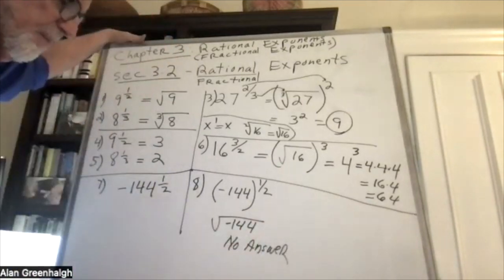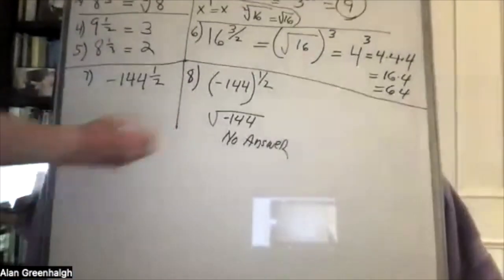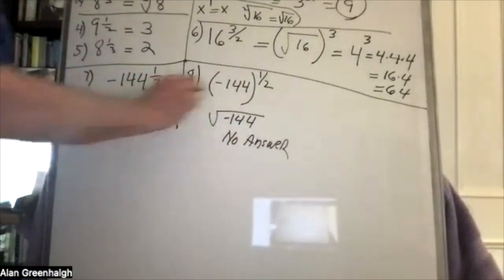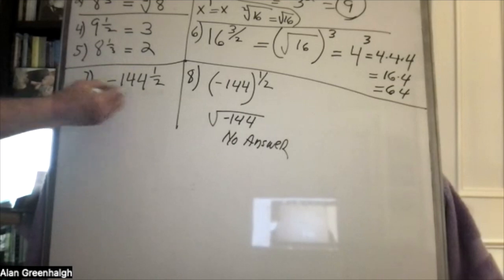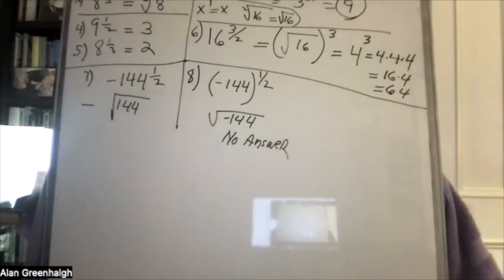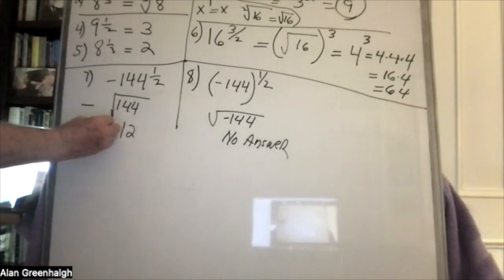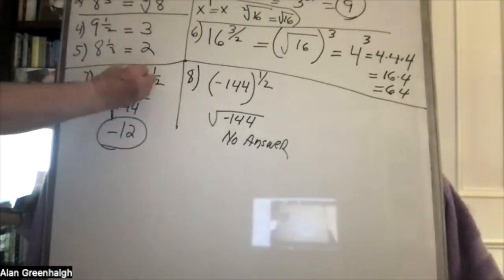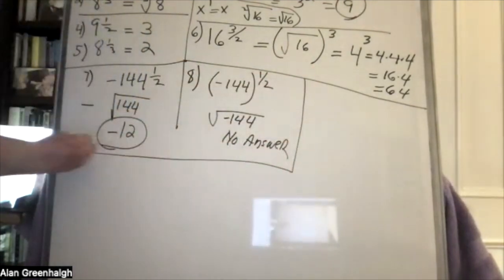There's no answer using rational, real numbers. So this doesn't work. This one does work because this means take the negative and put it on the side and do the square root of 144 first and get 12 and then put the negative. See, there's an answer to this one. There's no answer to this one.